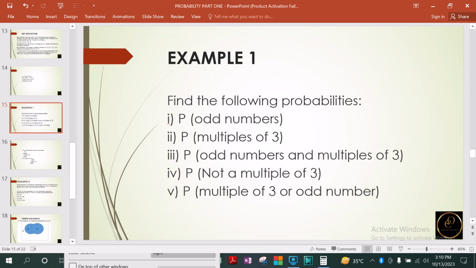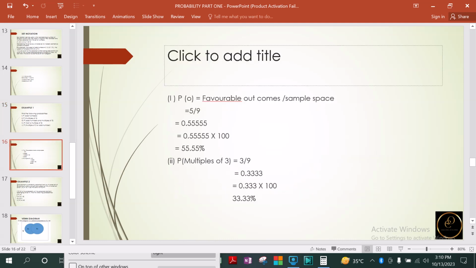We look at the third one: the probability of odd numbers and multiples of 3. We are looking at another calculation that we have to do.